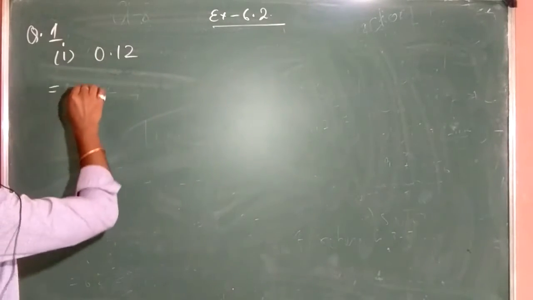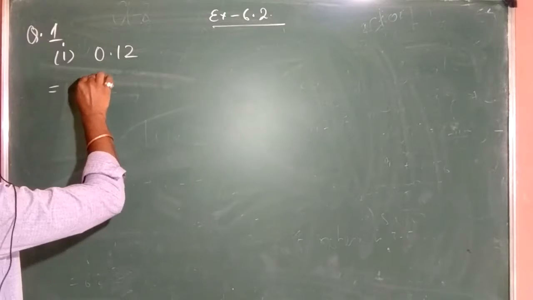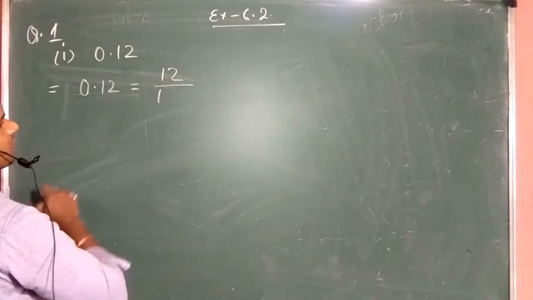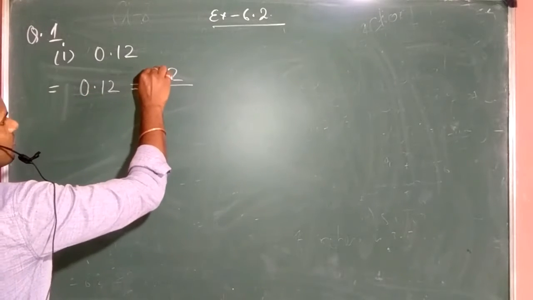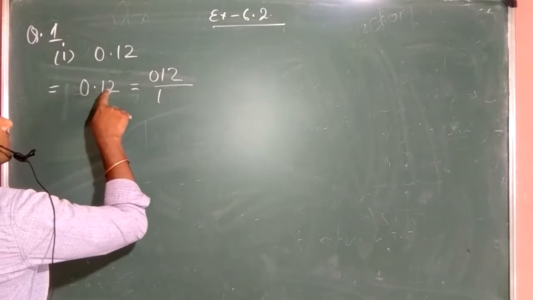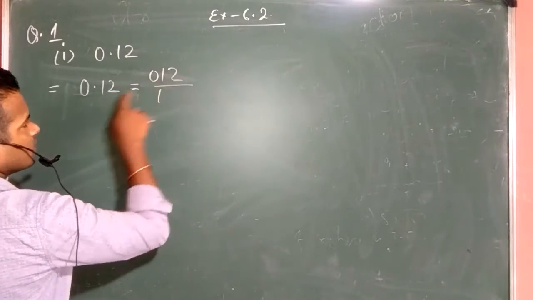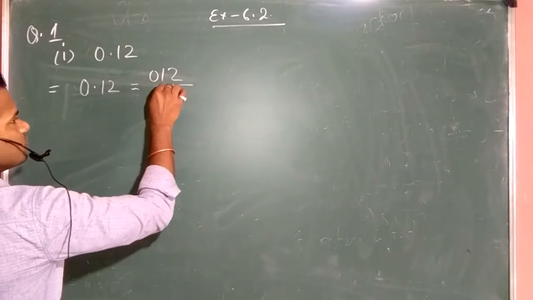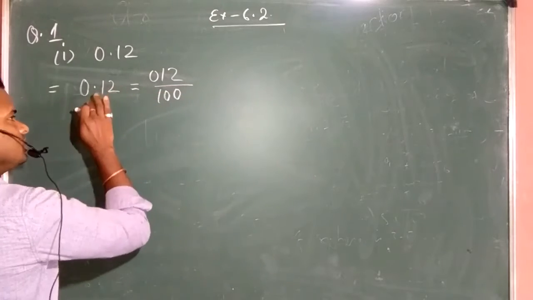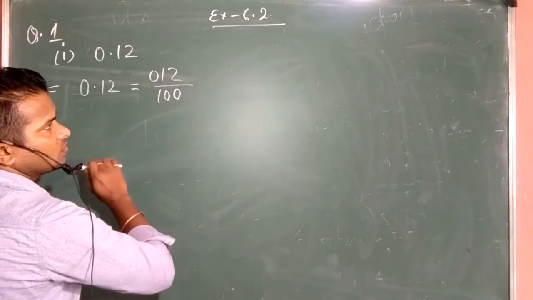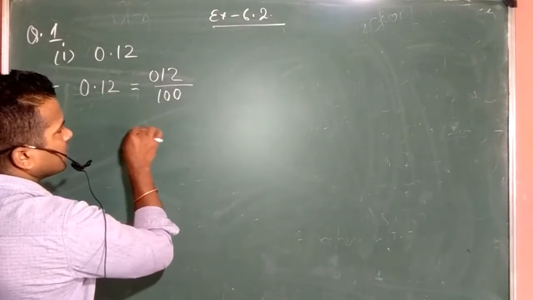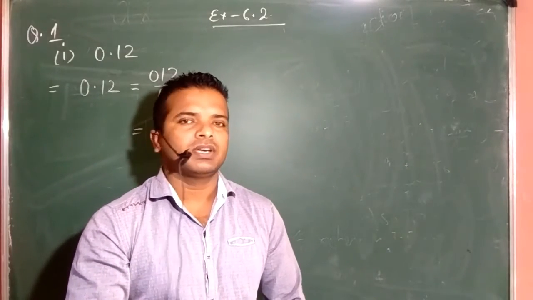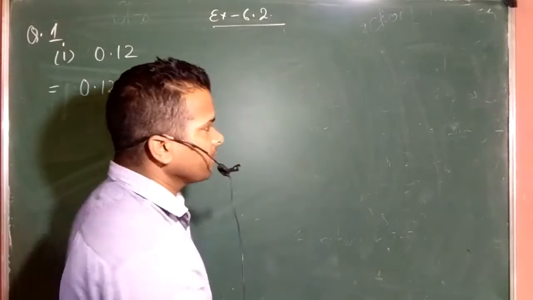So simply, as I told you, 0.12 is 0.12 by 1. From the right side, 1, 2. We have 2 digits after the decimal, so after 1 we put two zeros. If zeros are before the digits, there is no use.